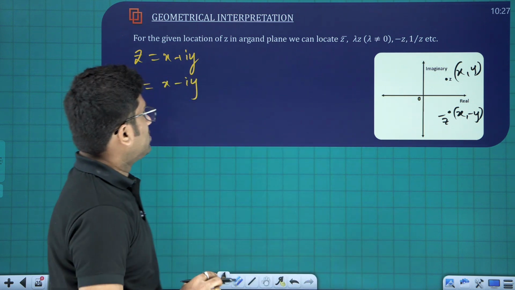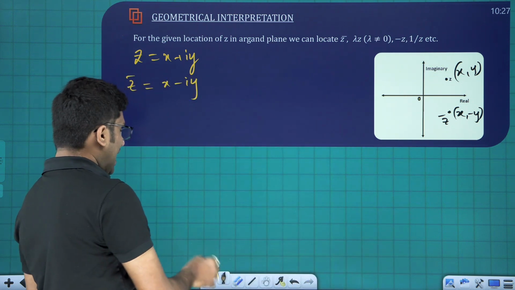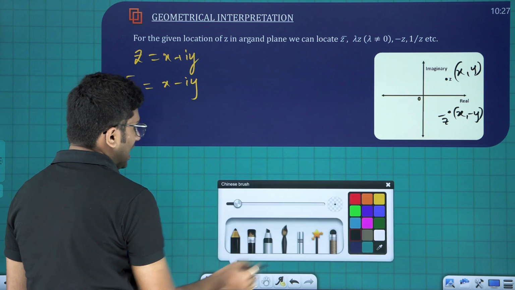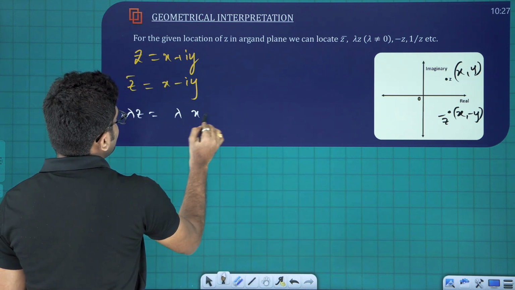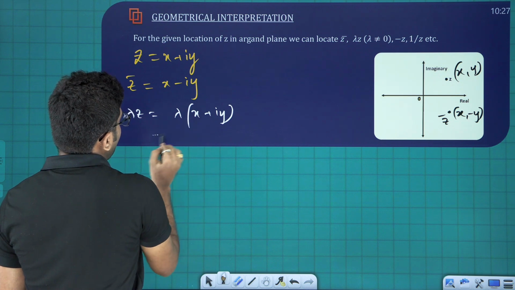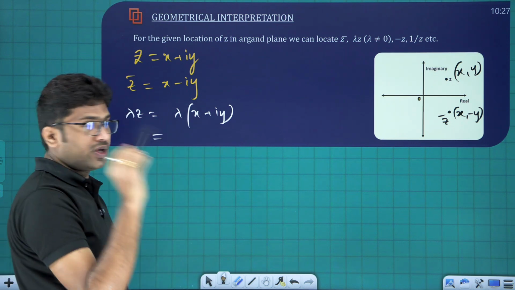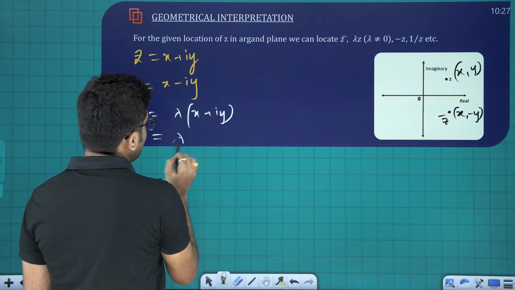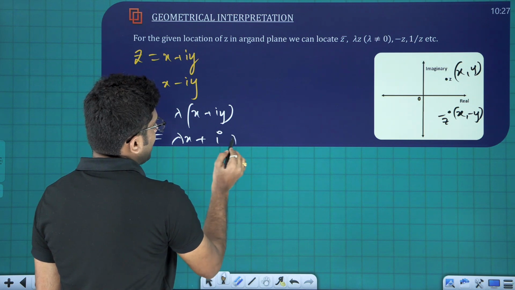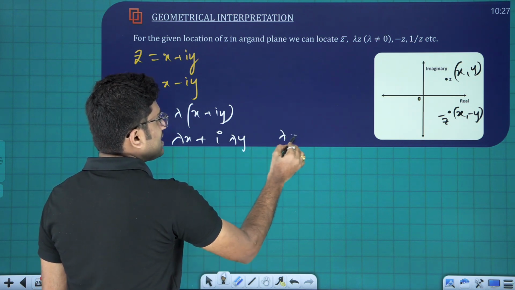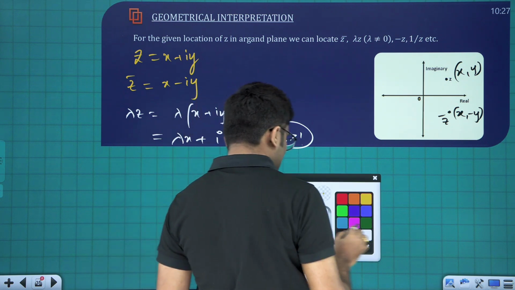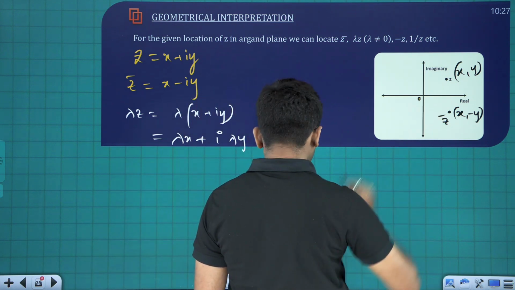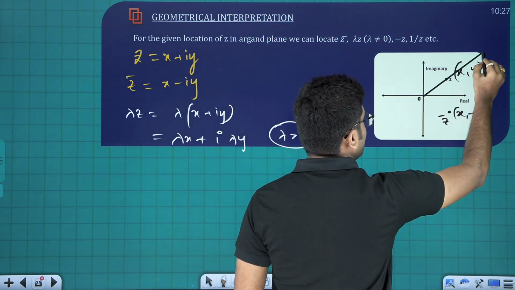Okay. Next, lambda z means lambda times x plus iy. So if this lambda, there will be two cases, friends. Lambda x plus i times lambda y, if lambda is greater than 1, then what happens?